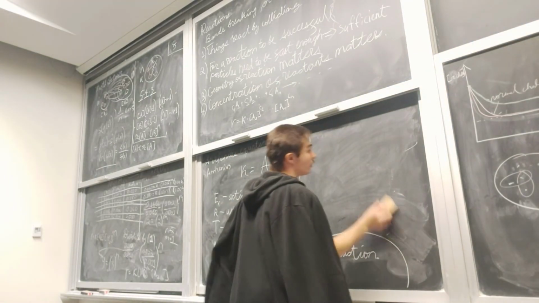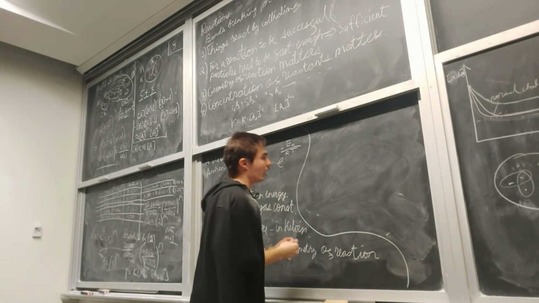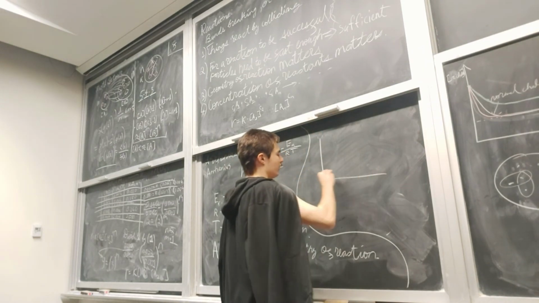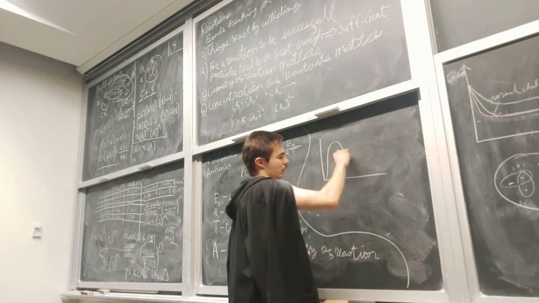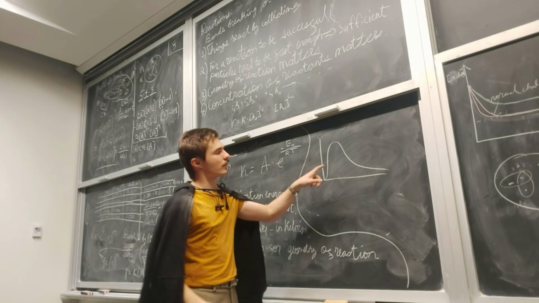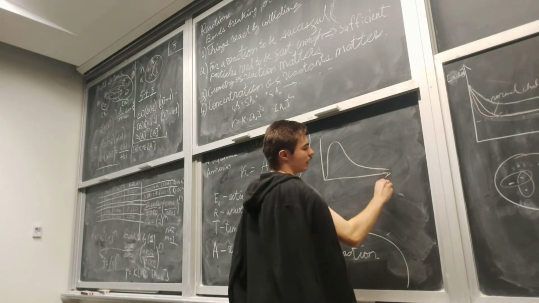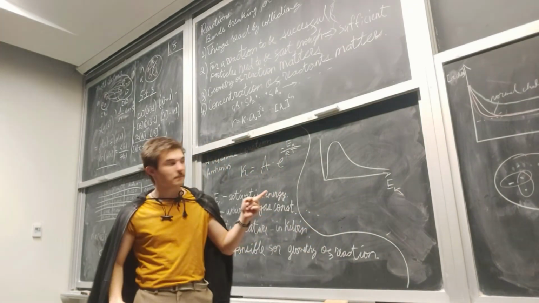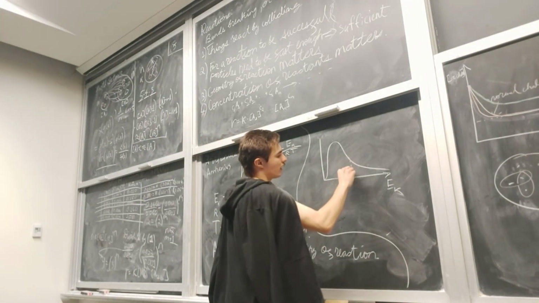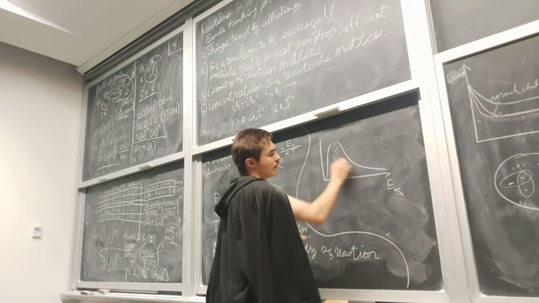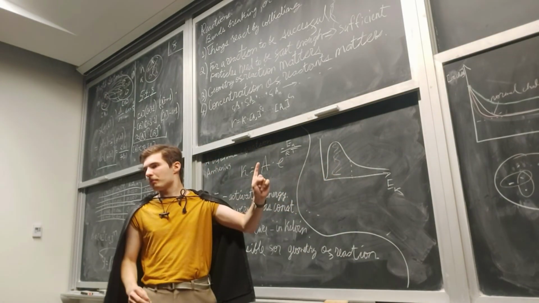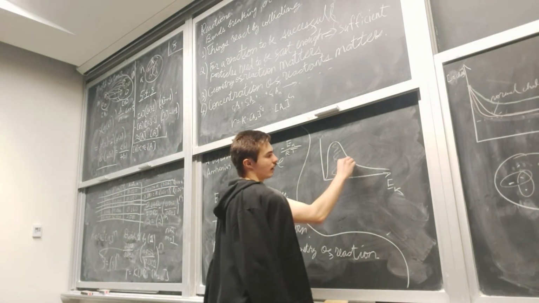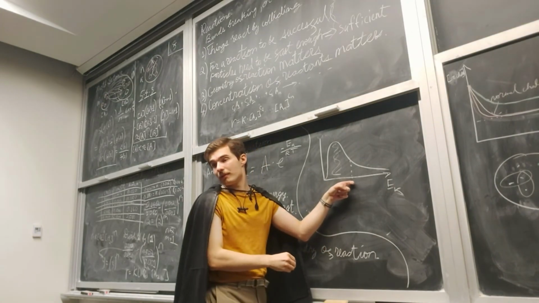It was some graph that looked vaguely like this, right? If this is our kinetic energy, then if you calculate this area, it tells you the number of particles that have energy less than this number, right?